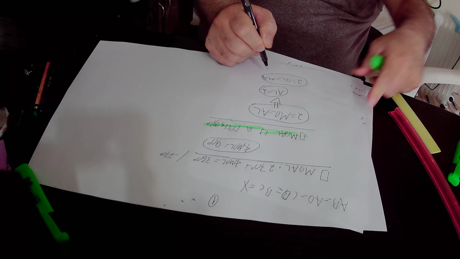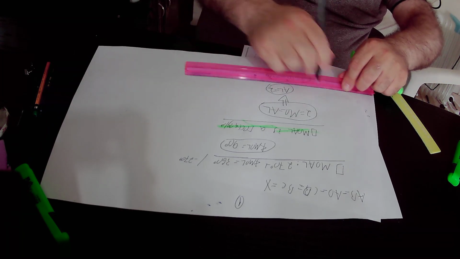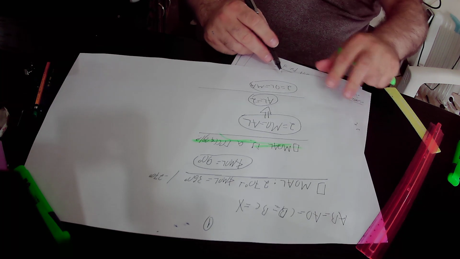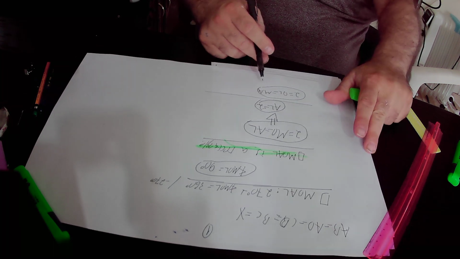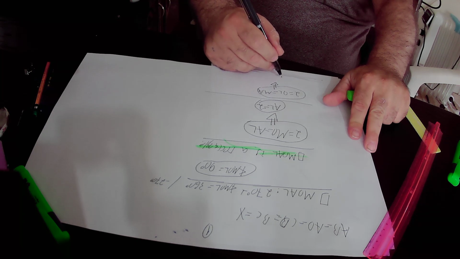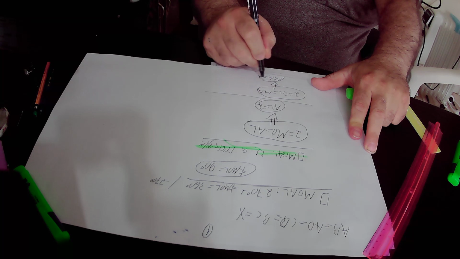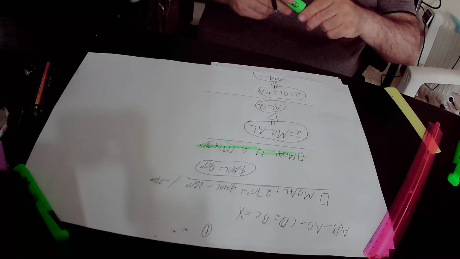And from this equation, 2 equals OL equals MA, we derive that MA is also equal to 2 units.